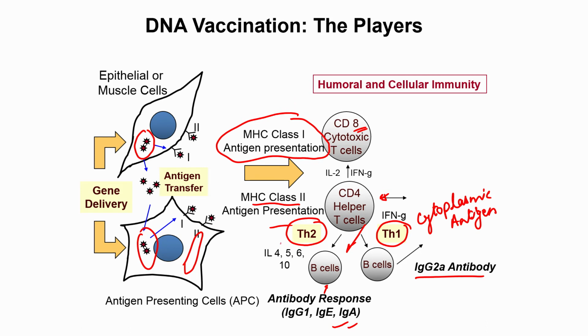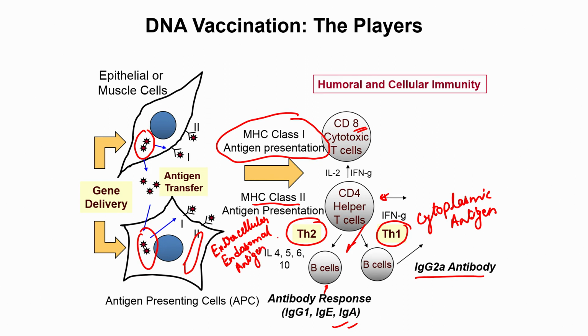and this one is for the, in general, obviously there is a little bit of crosstalk in all of this, but this is what the generally accepted norm is. Then this is for the extracellular or endosomal pathogen or antigen.